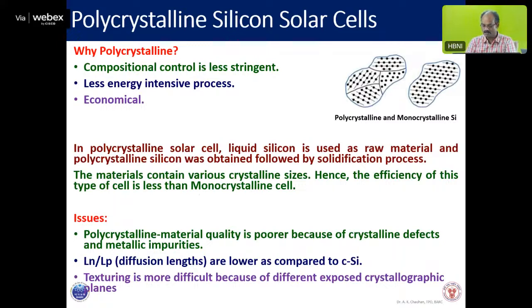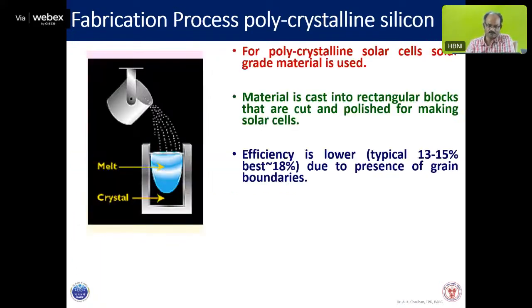In crystalline silicon, you know which is the top plane. However, in polycrystalline, there will be randomly oriented planes at the top side. So texturing is not as easy because texturing is many a time done by chemical etching, and different planes etch at different rates. So texturing is not so straightforward in this.